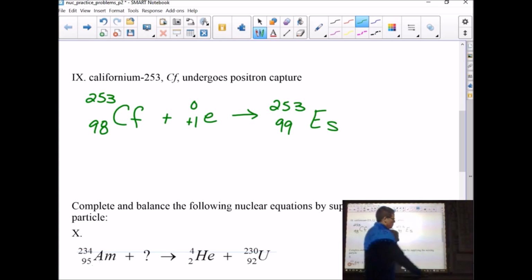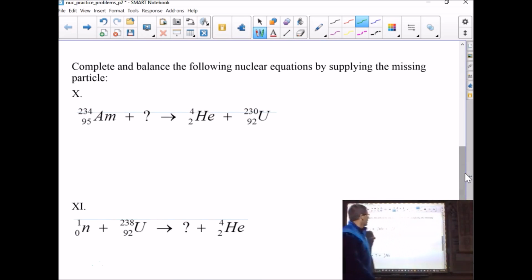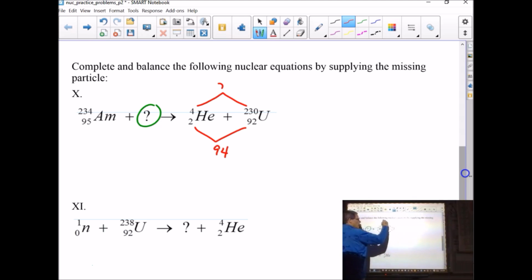All right, so let's take a look at these types of problems. Now you have everything except the mystery, the question mark. What could it be? Now, here's how you do this. Again, look at the values and figure out what those numbers are. Okay. So we have 95 on the left, 94 over here. So what must be on the bottom for this mystery?